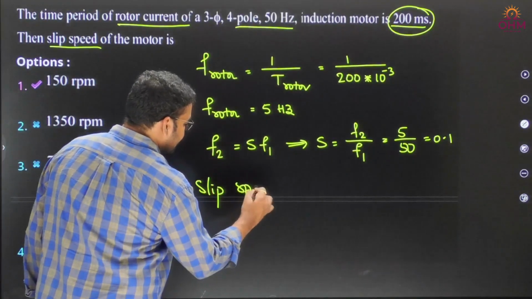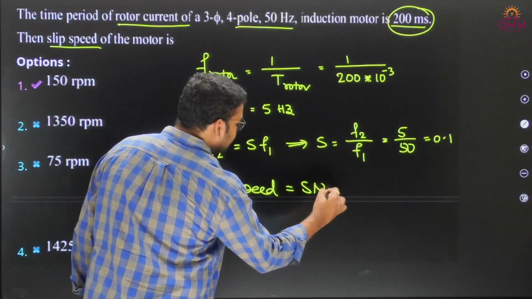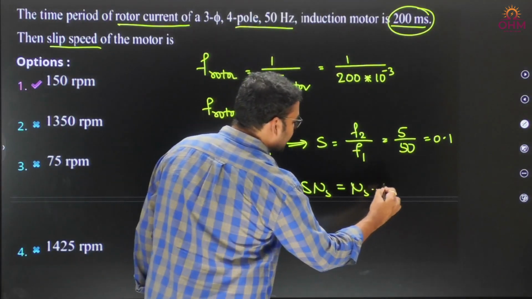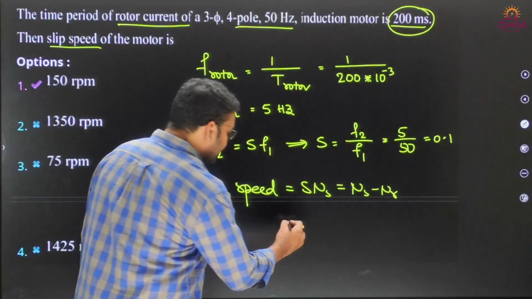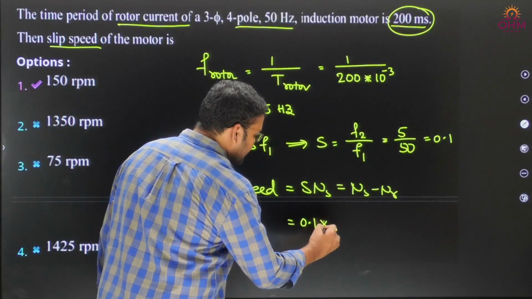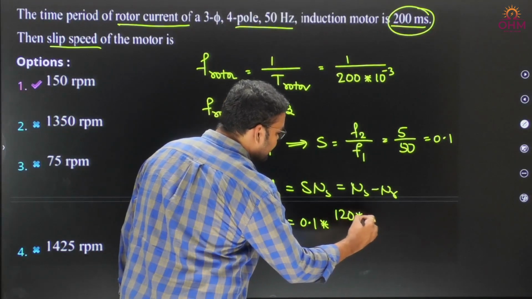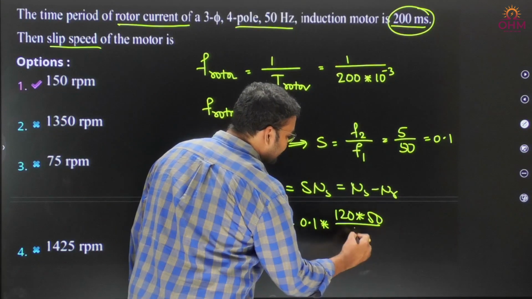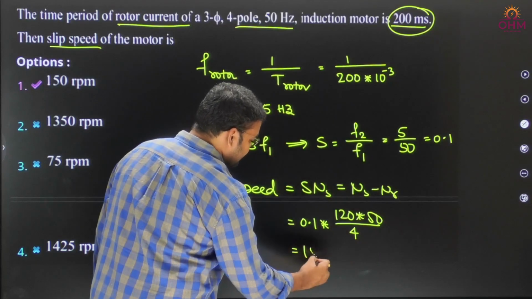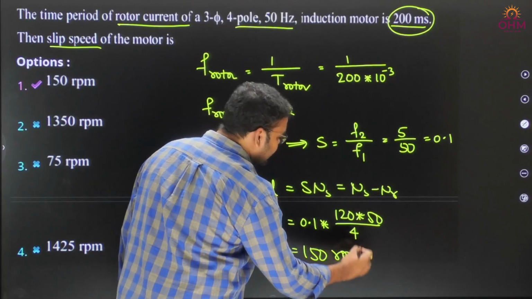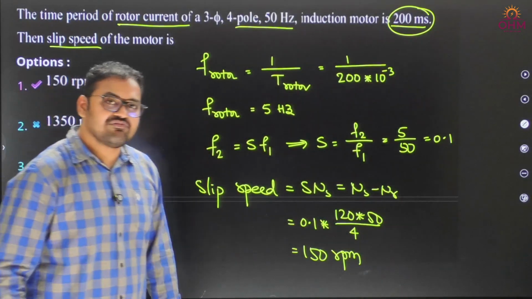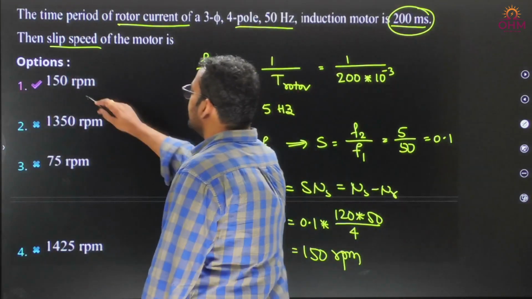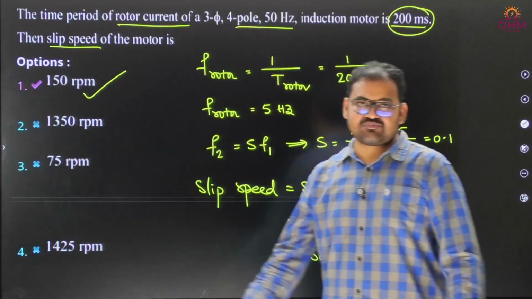We know slip speed is nothing but S into Ns, also known as Ns minus Nr. So if I continue, S is 0.1, Ns is 120 f by P, that is 120 into 50 by 4 poles, which is 1500 RPM. Because 120 into 50 by 4 is 1500. 1500 into 0.1 is 150 RPM. Therefore, the answer is 150 RPM slip speed. Okay.